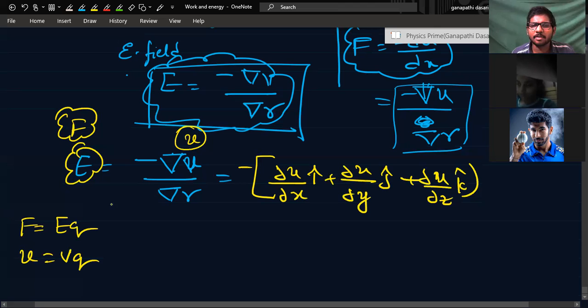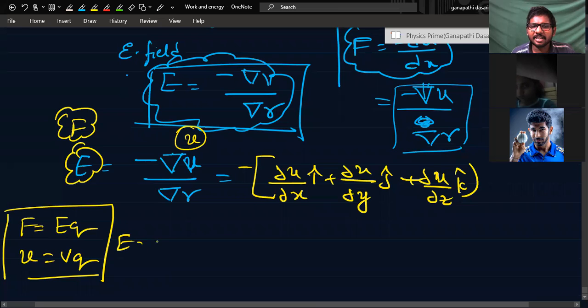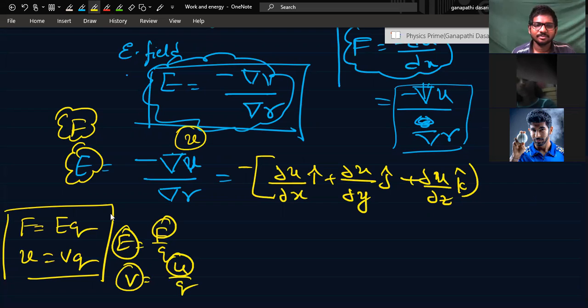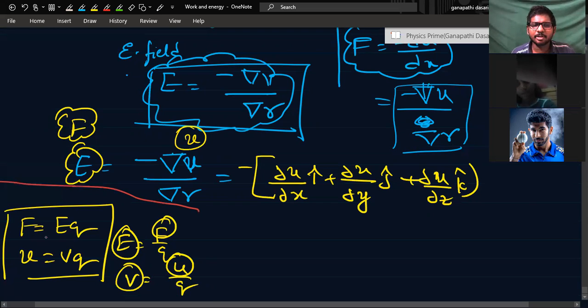You might have studied these formulas. E is equal to F by Q, V is equal to U by Q. U and V are related and V and E are related. In physics, this is the beauty. One thing you learn, other things automatically will come to you.